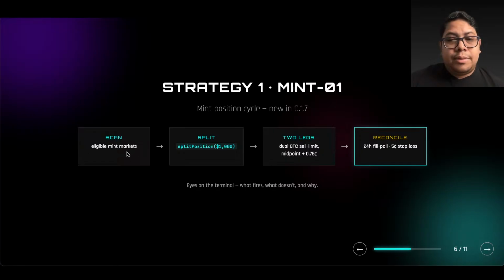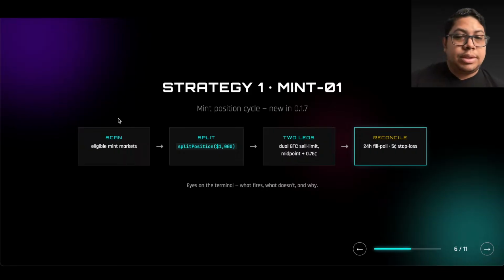So from there, after you have made the scan and you have made the decision, basically the automation is going to mint a position. This is the mint position cycle, right? This is not the full strategy or the full flow of the information or decision making, right? This is what happens technically to the funding, what it is being used for, right?